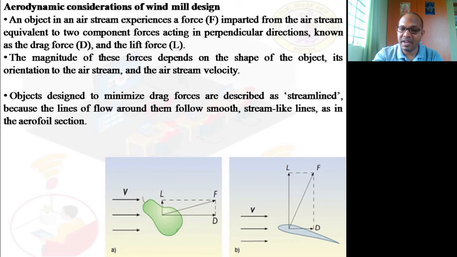Based on the shape of the object, the lift and drag forces vary. Here you can see the drag force is more for figure A, whereas the lift force is less because of the object's shape. If you take an aerofoil structure, a fish-like structure, the lift force is maximum, the drag force is minimum, and the resultant force changes according to the lift and drag.